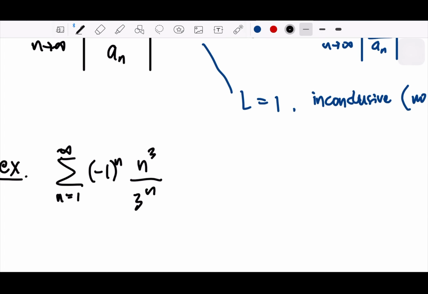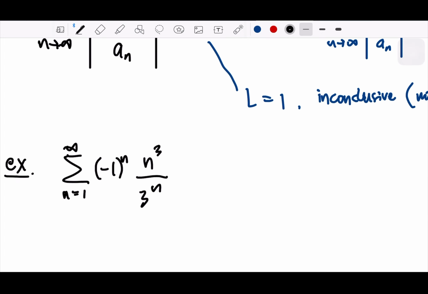If you have this, it seems to be an alternating series which has the (-1) with power of n, and the component is a fraction n cubed divided by 3 with power of n.